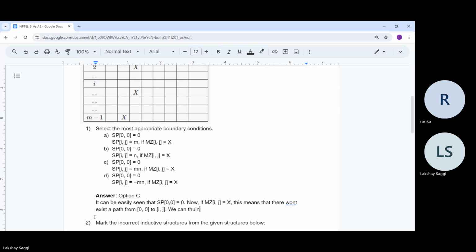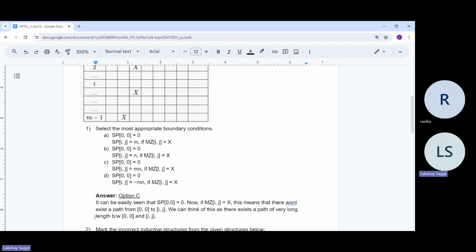We can think of this as there exists a path of very high length, very long length, between (0, 0) and (i, j). So I hope what I'm trying to say makes a bit of sense.